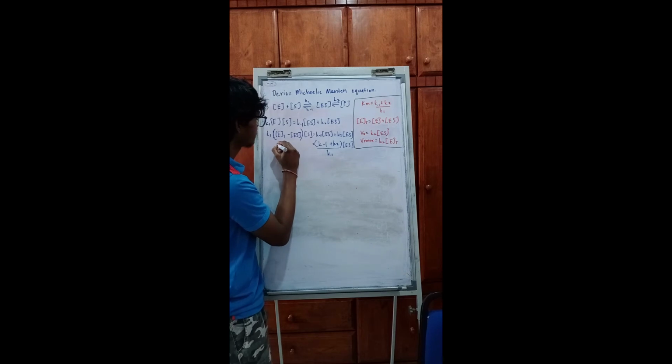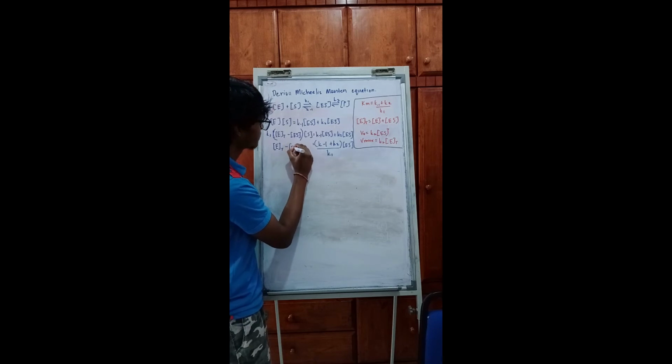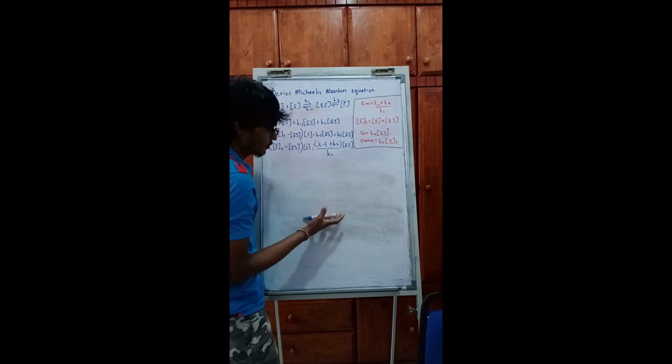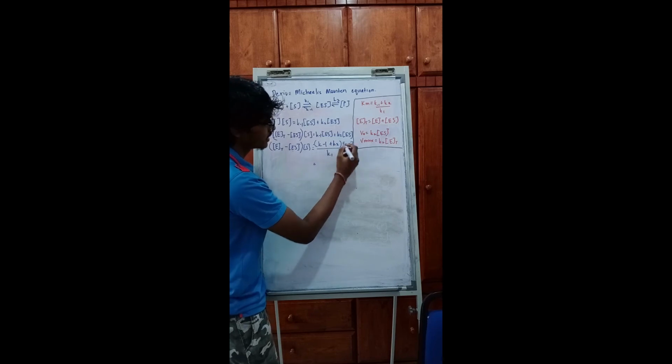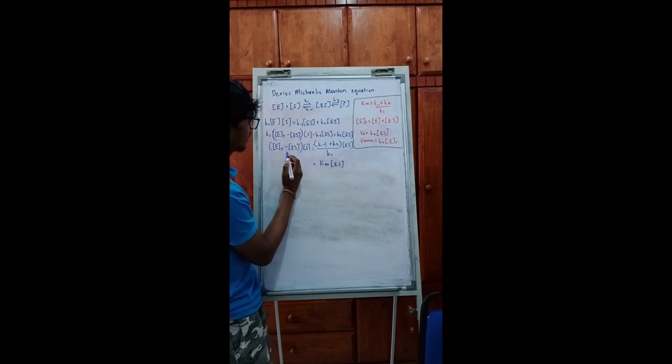So here enzyme total concentration, sorry, minus enzyme substrate, and then the substrate concentration. This whole thing equals to this. So now we can change this into Michaelis Menten constant, and then times the enzyme substrate concentration, and then this one.